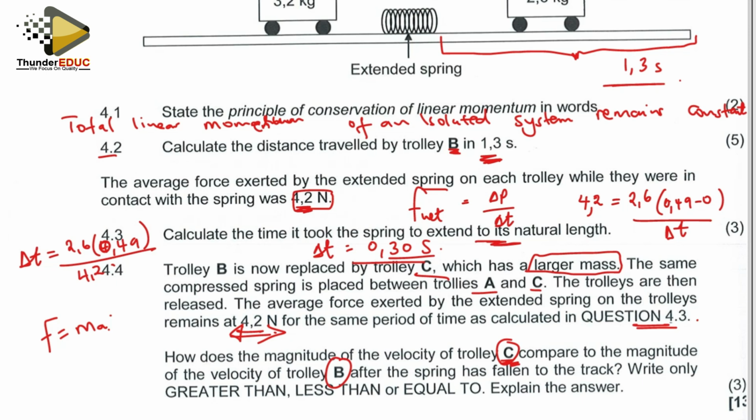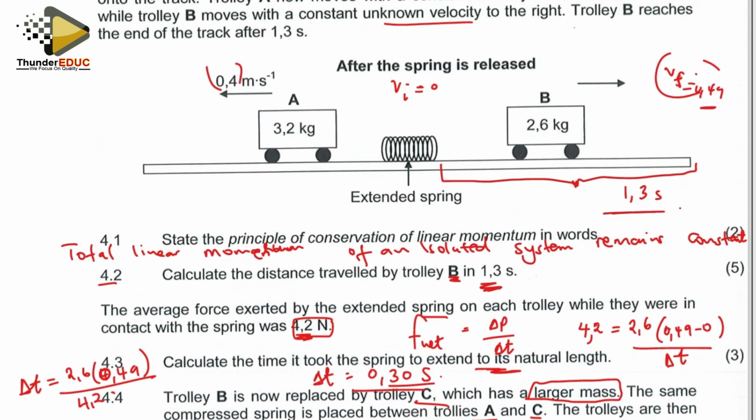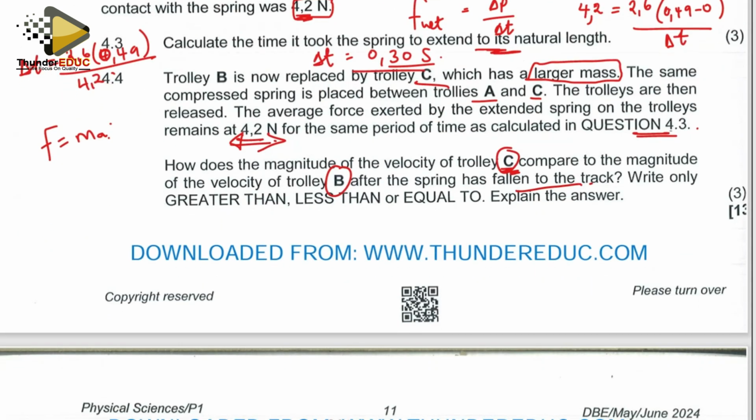How does the magnitude of the velocity of C compare to the magnitude of P? This gave us a magnitude of 0.49. So if the mass is bigger, the velocity is going to be smaller. They say greater than, less than, or equal to. So we say it's going to be less than.